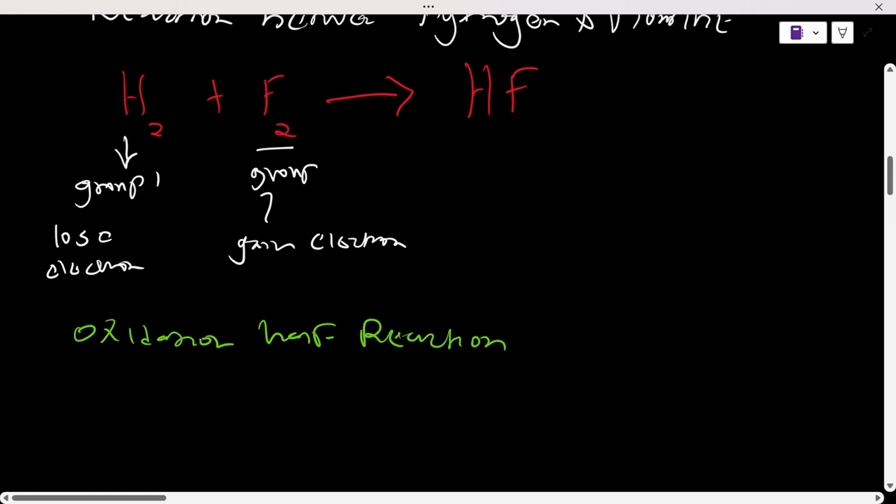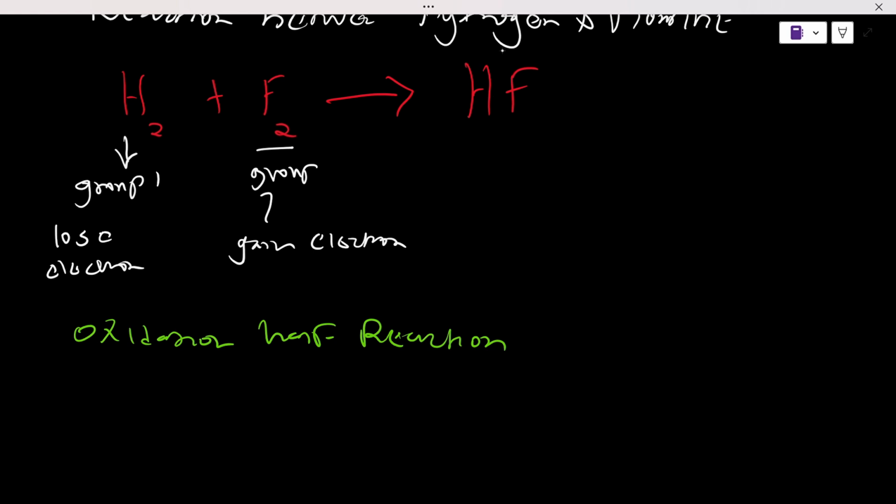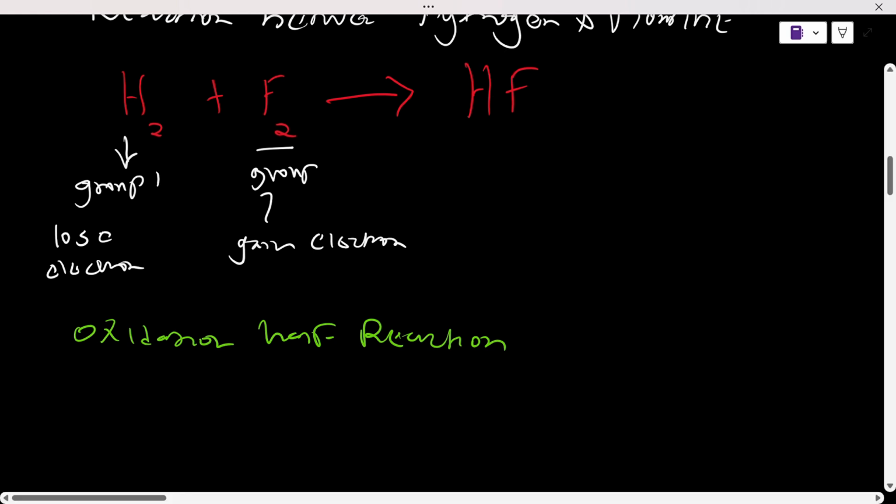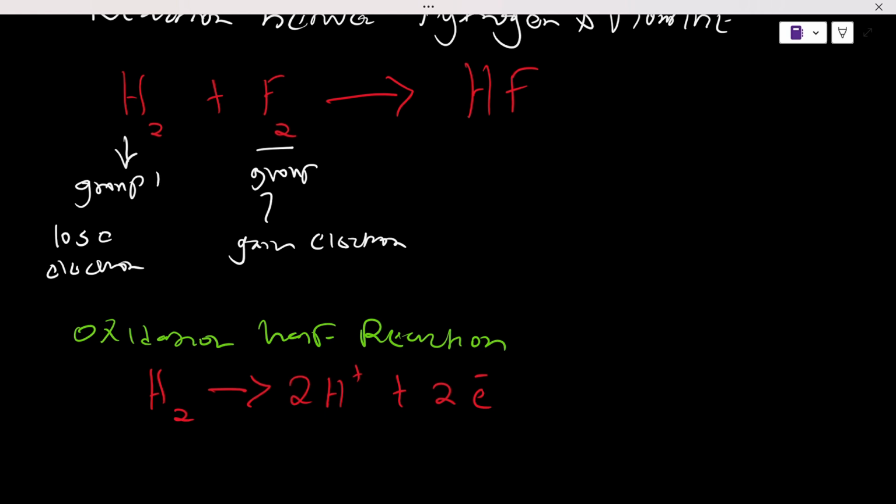And the reaction is going to be written as hydrogen must form two hydrogen ions, and in that process it is losing two electrons because it is the one giving fluorine electrons. So this is an example of an oxidation reaction.